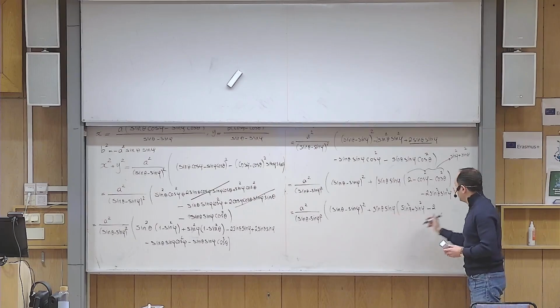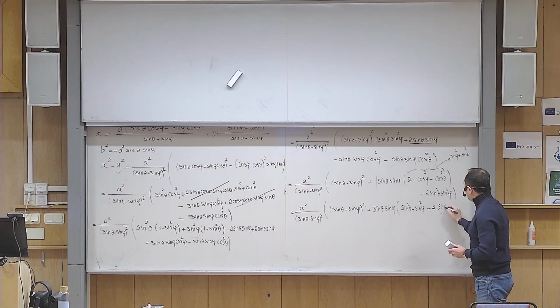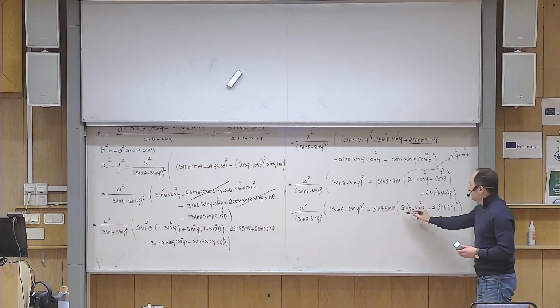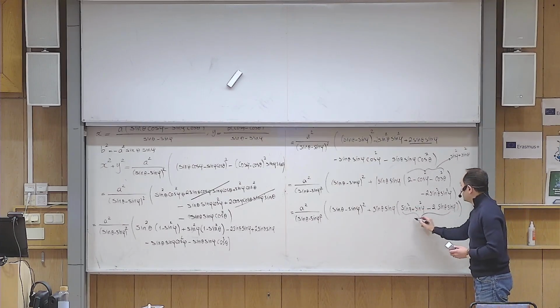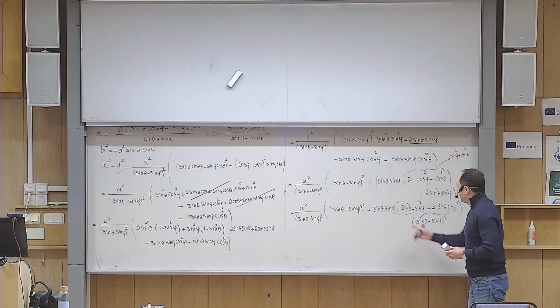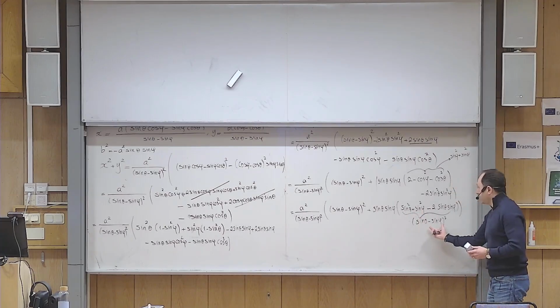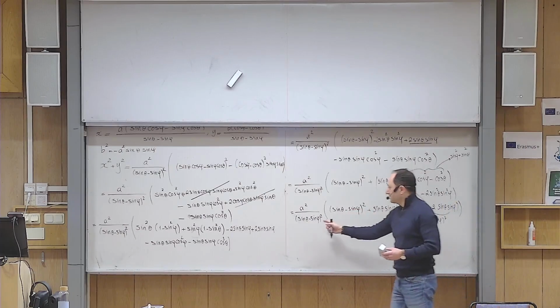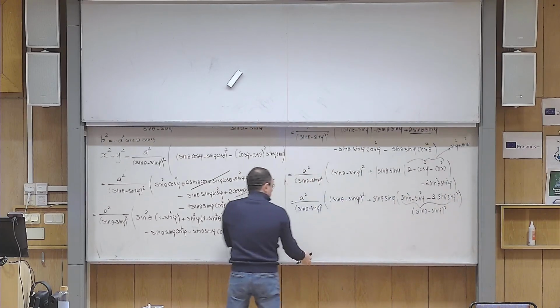I pulled one of them out, so one of them will be left here. And I hope you can already see that it is done. Why? Because that is exactly the combination that I need, sine theta minus sine phi squared. I have this multiplied by that, but that is good because I can factor this expression out, and as I designed for it, I can get rid of this finally.